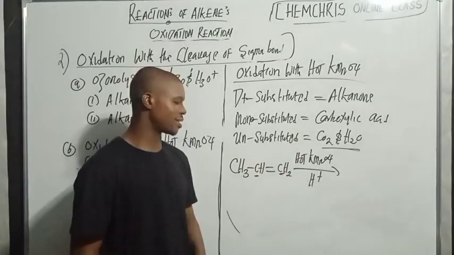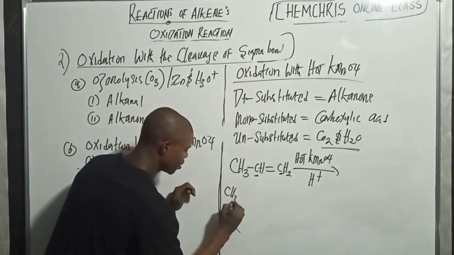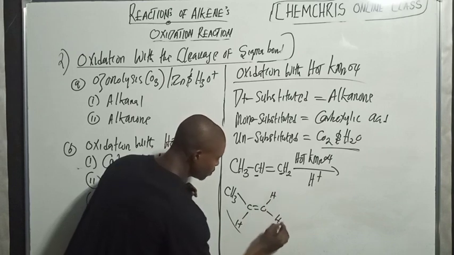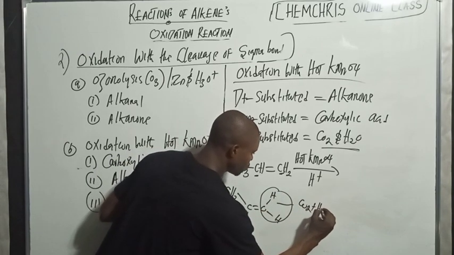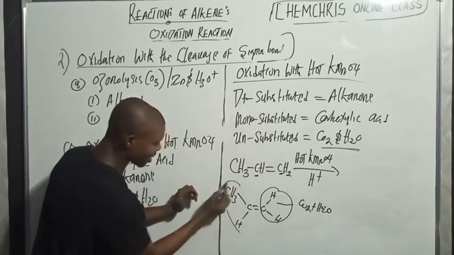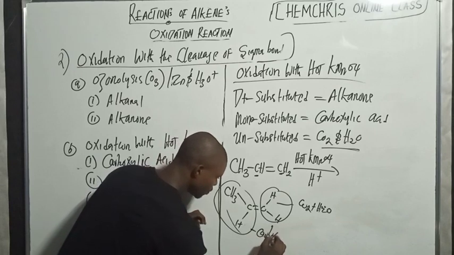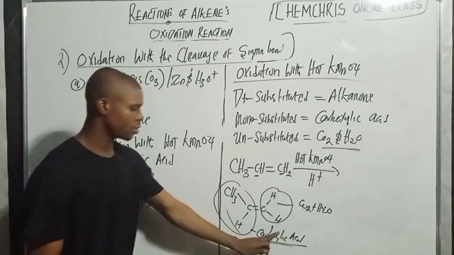Mono will produce a carboxylic acid, right? So this one is just like CH3, C, hydrogen. This side produces CO2 and H2O. Now this side we produce a carboxylic acid.